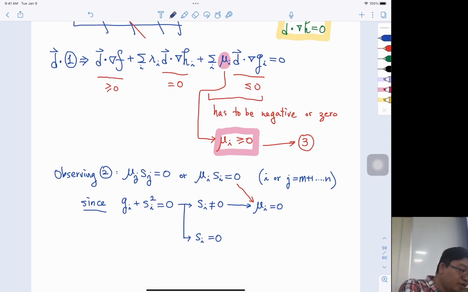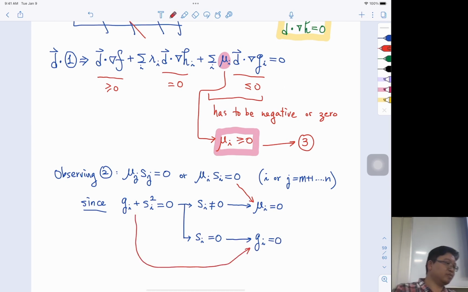Okay. How about in the case of si equals to 0? gi must be 0. Why? Because from here, when si is 0, g must be 0.